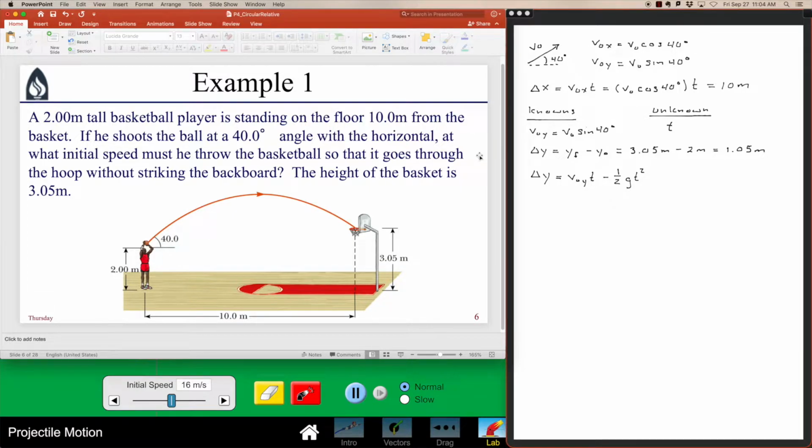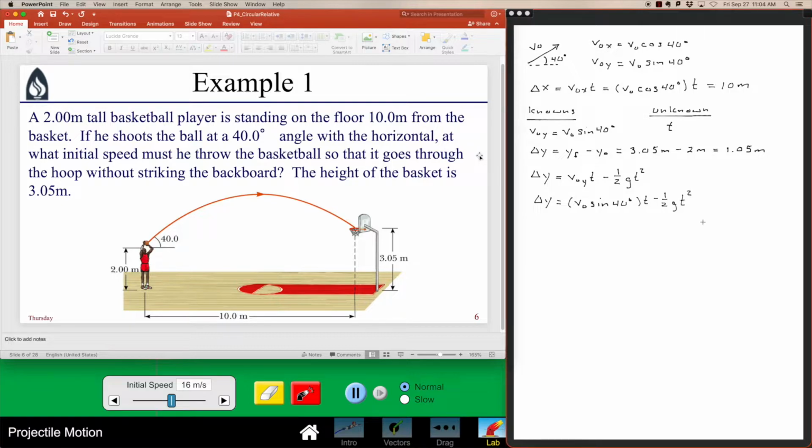So I will plug in the information that I know. My delta y is 1.05 meters, and V naught y is the same thing as the whole initial velocity times the sine of 40 degrees, t minus 1/2 gt squared.